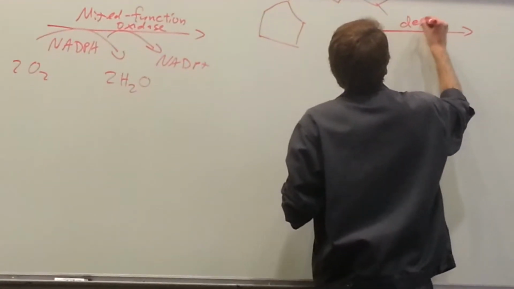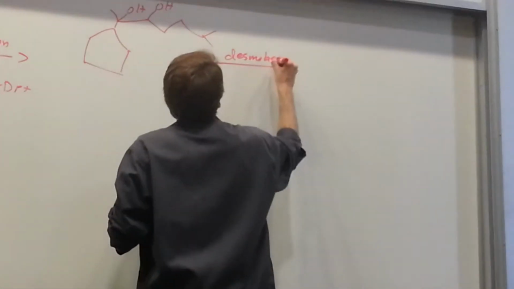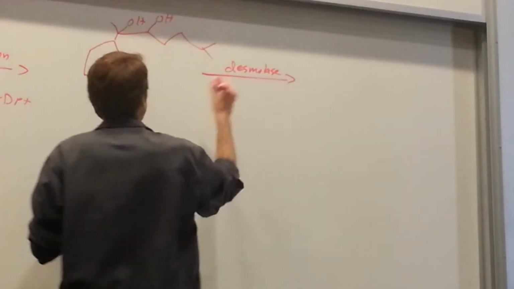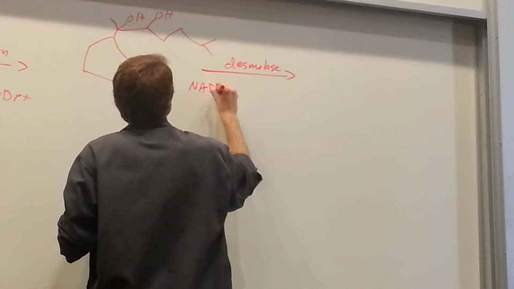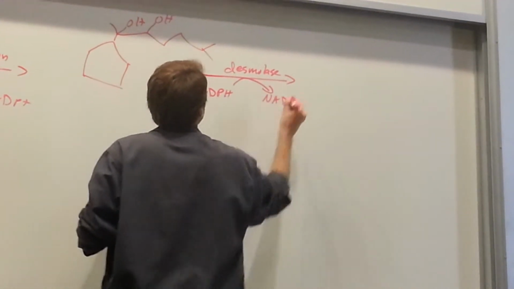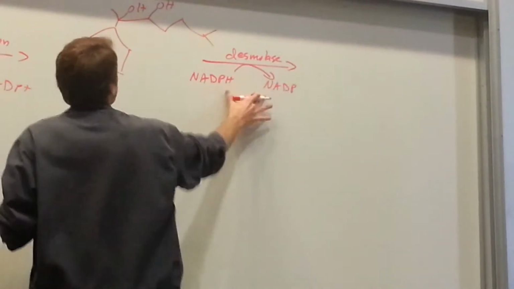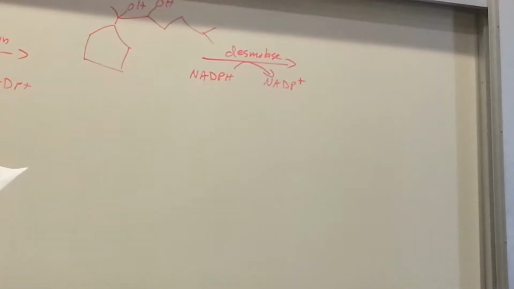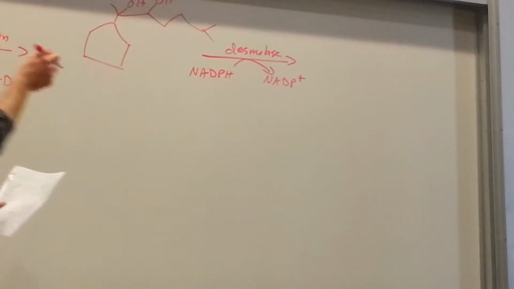There's something called a desmolase. And your book has a slight typo here. A desmolase is kind of like a mixed function oxidase. Except in this case, the electrons are going to end up right here to resolve a carbocation. Similar chemistry we've seen before.